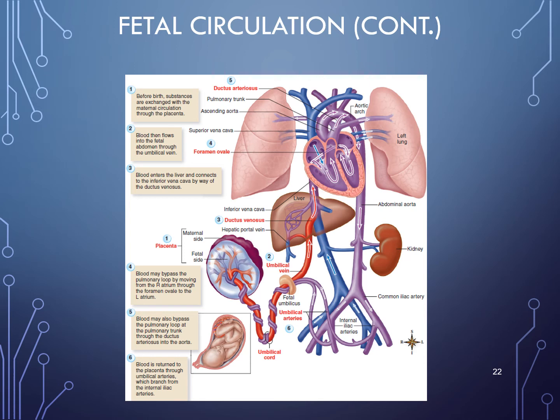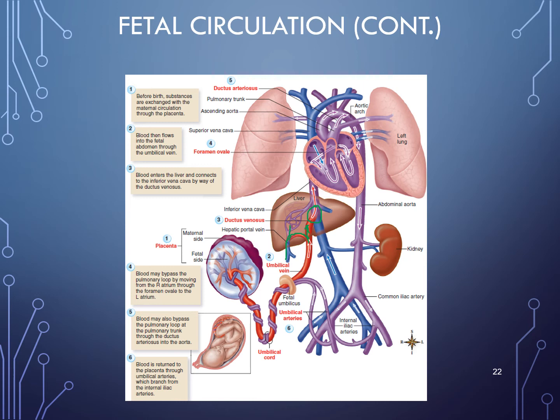And that ductus venosus is, let me see if I can circle it for you, right here. So blood is coming up through here, and it can either go to the liver, or it can take this little bypass route through the ductus venosus.